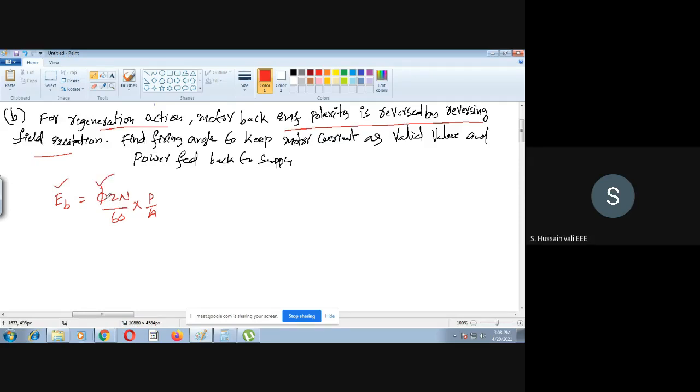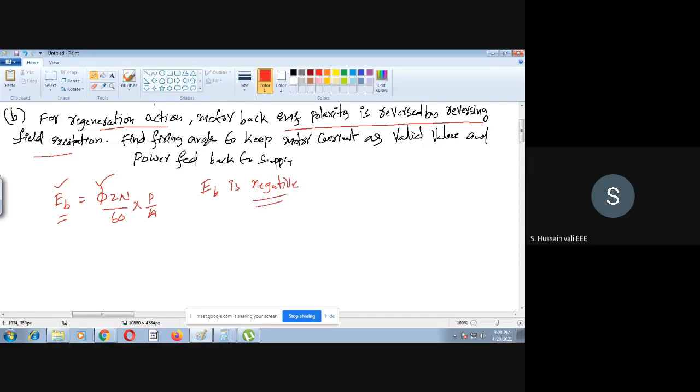In the sense, the field winding is there, so reverse the polarity of the field winding supply. Then your flux phi becomes negative. If the flux phi becomes negative, then EB also becomes negative. So this is how, for regenerative action, motor back EMF polarity is reversed by reversing field excitation. So now EB is negative this time. This is the first thing.